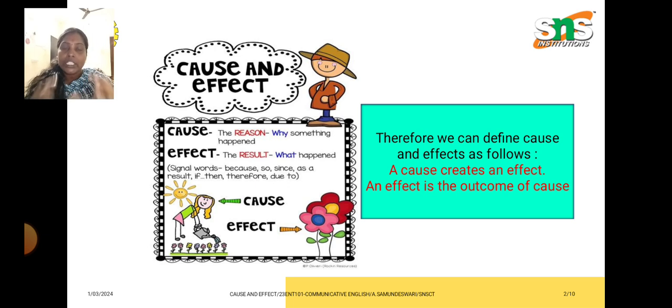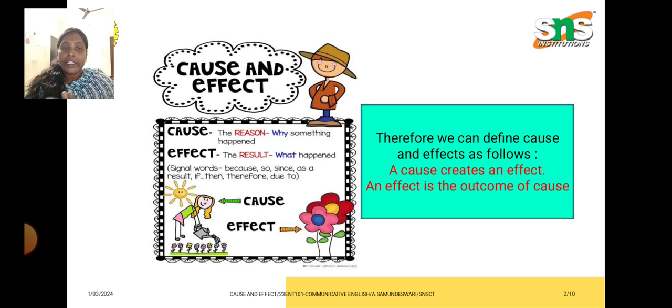Based on this, we are going to see the detailed part of this topic in the upcoming slides. As I told you earlier, a cause creates an effect. In a similar way, an effect is the outcome of the cause. Just look at the images in the slide. The reason why something happened is known as the cause. Similarly, the result is what happened because of that cause.